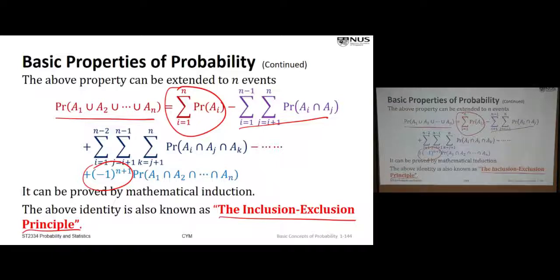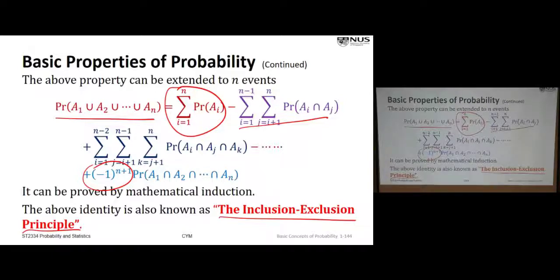So will you be asked to prove this one? How to prove it? One possibility is n equal to a small number, like 2 or 3, right? But there's another way, still very complicated. Have you heard of mathematical induction?